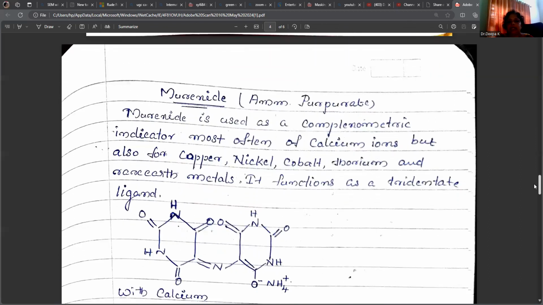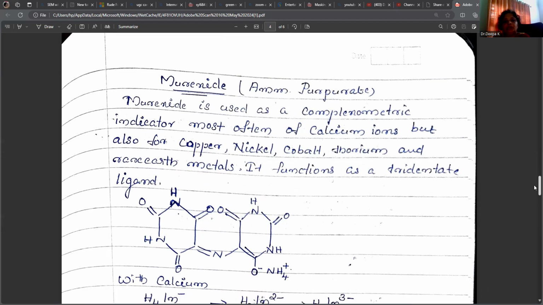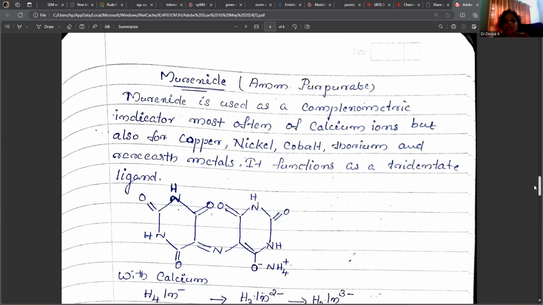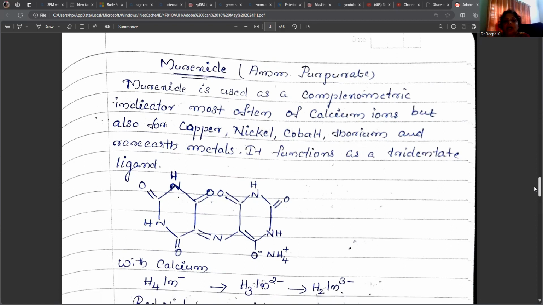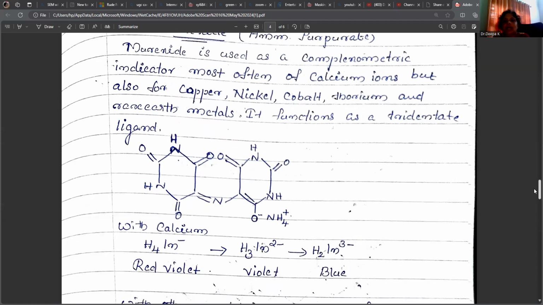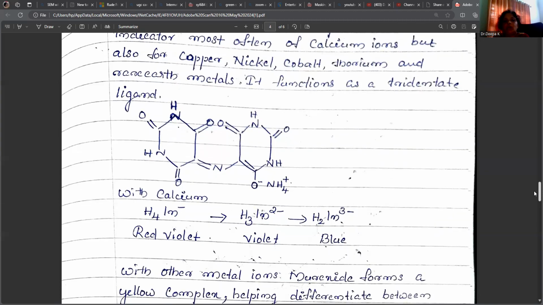Another metal ion indicator which can be used in complexometric titrations is murexide. It is a complexometric indicator most often for calcium ions, but can also be used for copper, nickel, cobalt, thorium, and rare earth metals, and it acts as a tridentate ligand, which will form a weak complex with these metal ions.